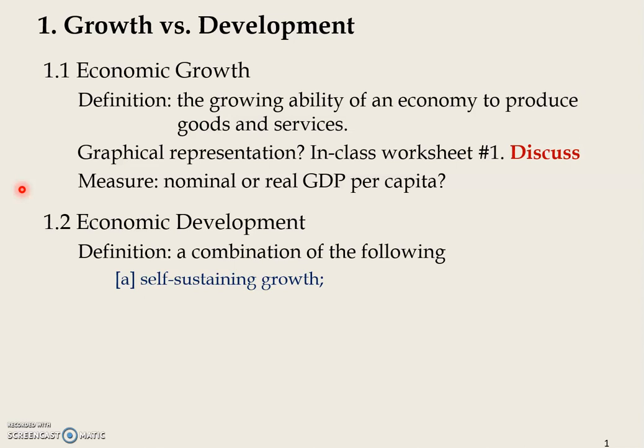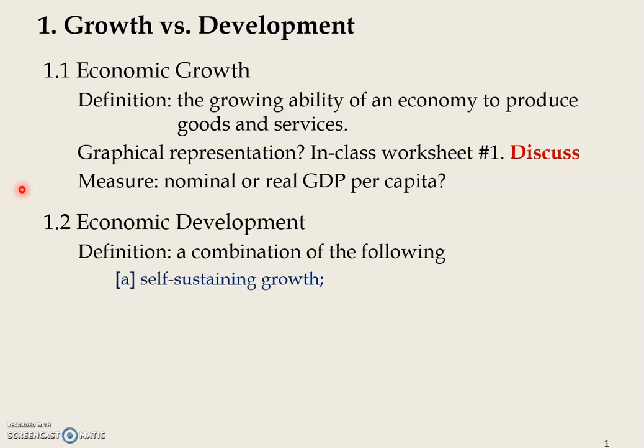Now, the United States and other advanced economies actually spend billions of dollars every year helping the developing economies in Asia, in Africa to grow. This is the so-called foreign aid program.